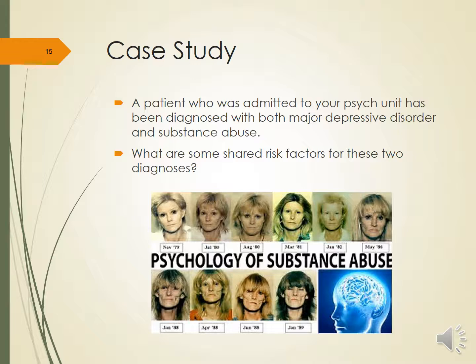So one of the things you have to think about as a nurse when you're dealing with patients, particularly patients on med-surg floors, is how much damage is being done to them physically by the substance that they're abusing. Now, some substances are slow. I've taken care of many med-surg patients that have abused alcohol for 30, 40 or more years.